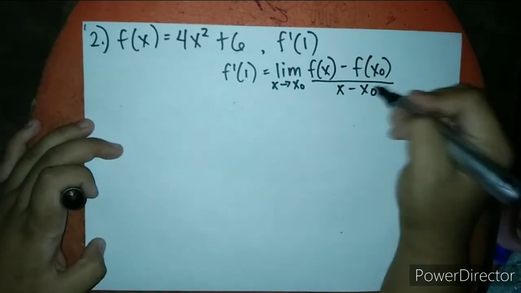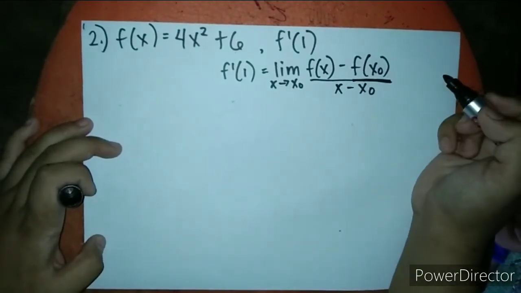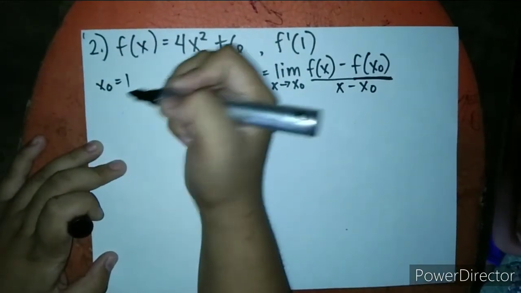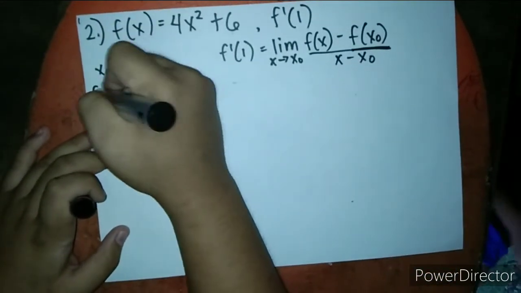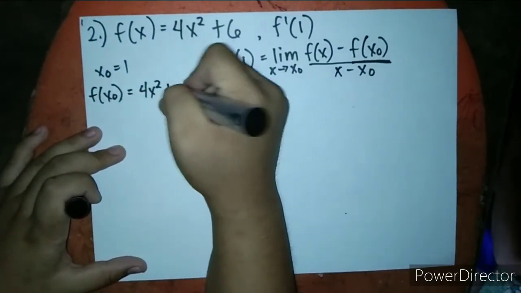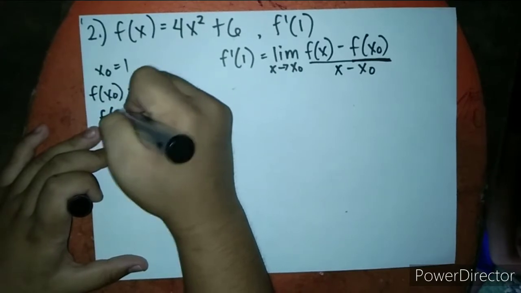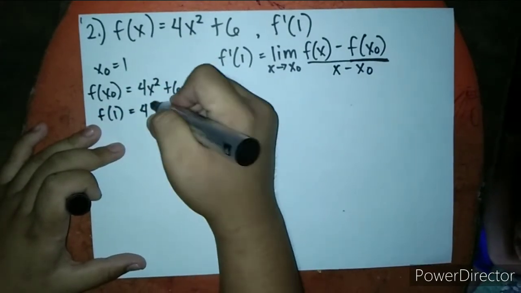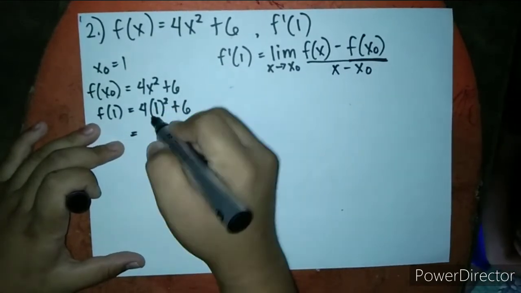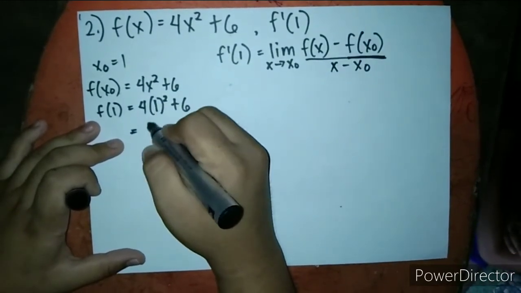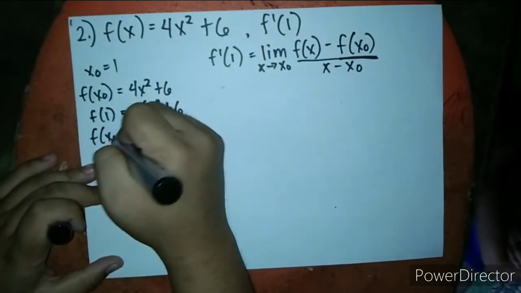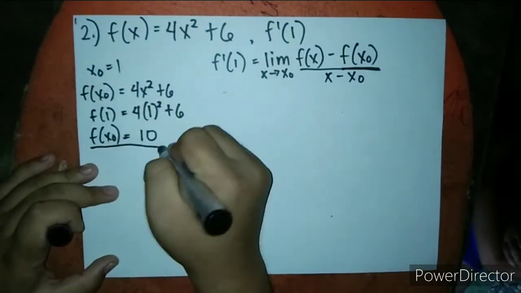Hanapin din ulit natin ang f of x sub 0. Ang x sub 0 natin ay 1. So, f of x sub 0 is equals to 4x squared plus 6. So, f of 1 is equals to 4. Yung 1, ipapalagay na natin sa x. 1 times 1, 1 times 4, 4, plus 6, 10. So, ang f of x sub 0 natin ay 10.